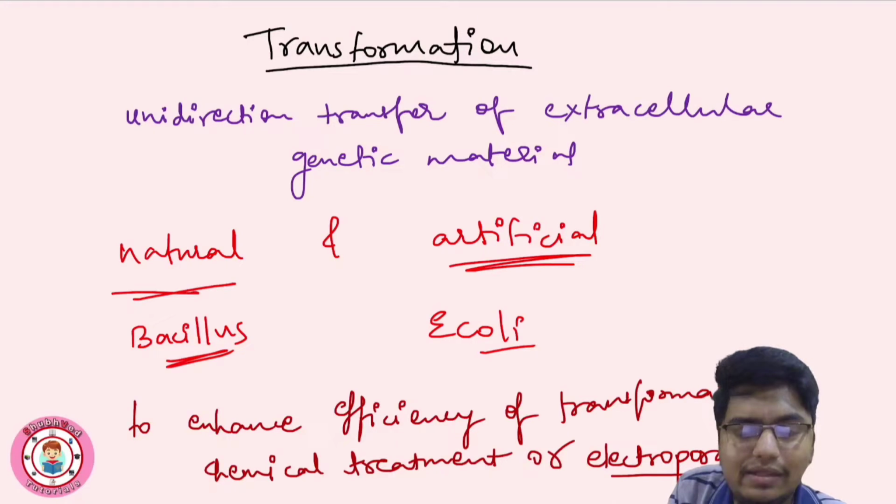Then the cell becomes more permeable to the transfer of genetic material. So this technique, chemical treatment or electroporation, is to make cells more permeable for the entry of genetic material.